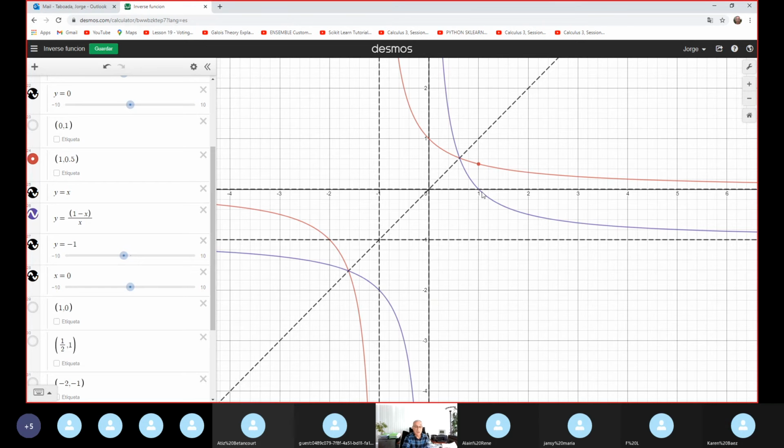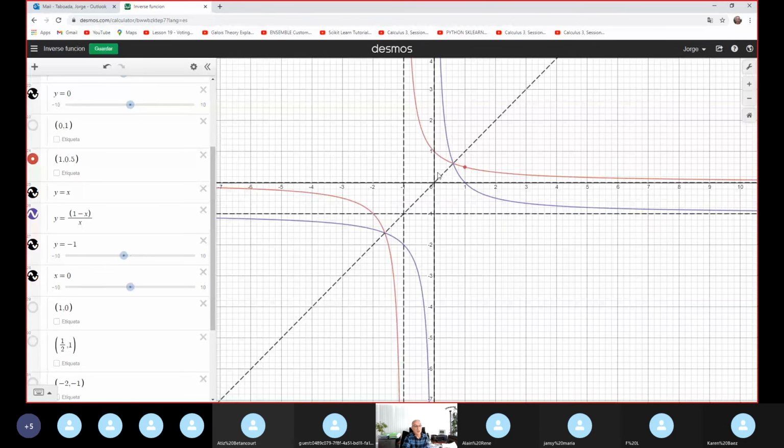However, in the inverse, that 0 corresponded with the vertical asymptote. Do you see how the purple curve approaches 0 but never touches? This is a typical vertical asymptote. Super, super, super. We are the best.